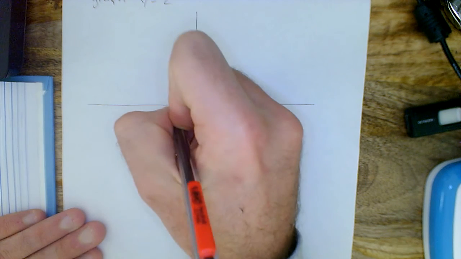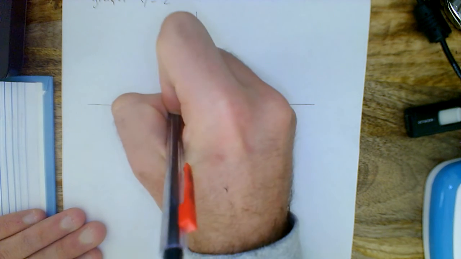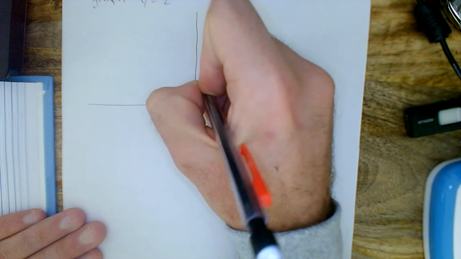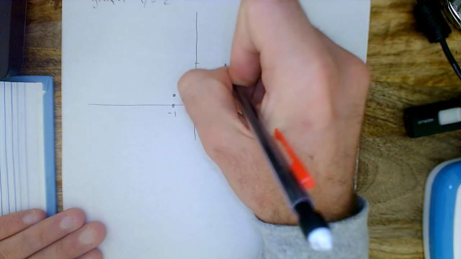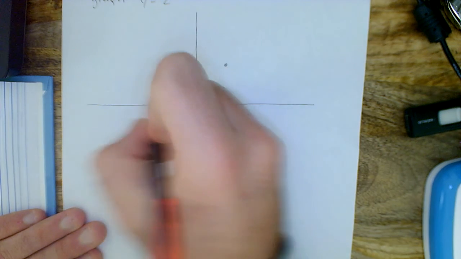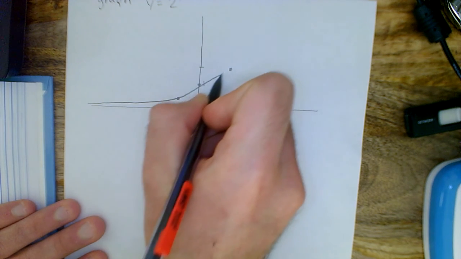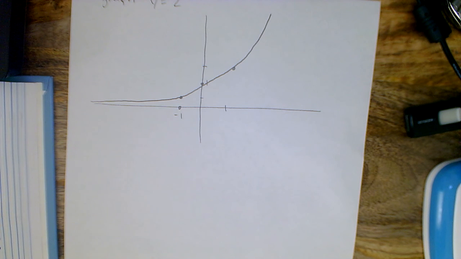Remember our points: negative 1 and 1 over a, which is 1/2, are on the graph. 0, 1 is always on the graph. And 1, comma a are always on the graph. So it kind of connects going like this. Okay, so that's our graph that we're going to use for translation.